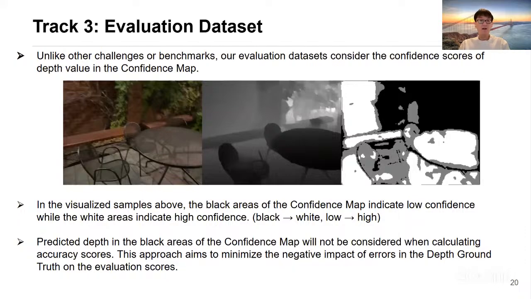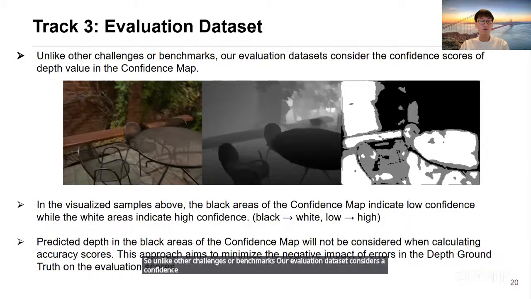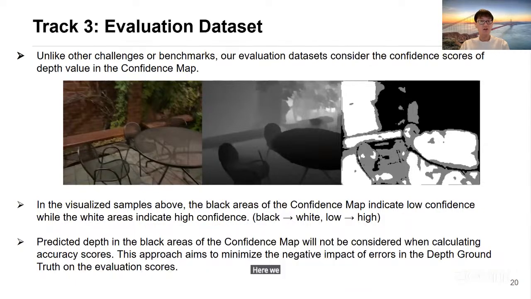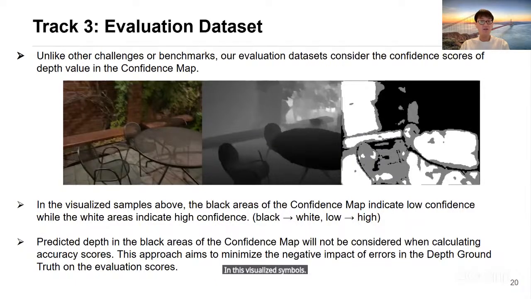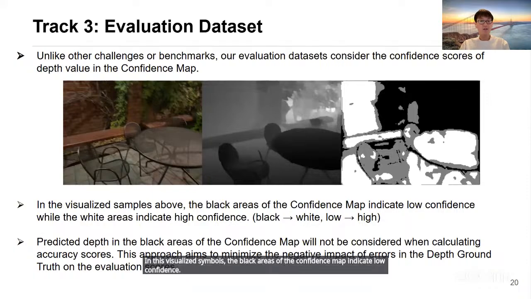Unlike other challenges or benchmarks, our evaluation dataset considers the confidence scores of depth values in the confidence map. Here we show a picture containing the RGB image, visualized depth map, and visualized confidence map from left to right. In these visualized samples, the black areas of the confidence map indicate low confidence, while the white areas indicate higher confidence of the depth map.